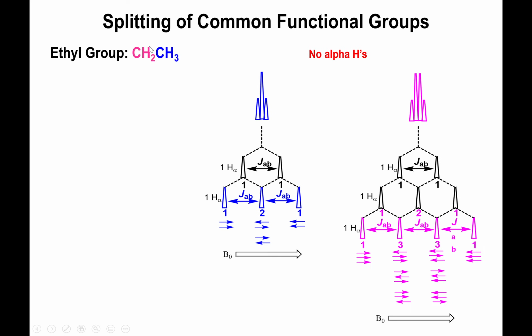But you also have a CH2 group, which is next to 3 hydrogens, so that CH2 group is going to be split into a quartet. And because the CH2 is composed of only 2 hydrogens and the CH3 of 3 hydrogens, integration-wise, the triplet will be worth 3 hydrogens and the quartet only 2 hydrogens.